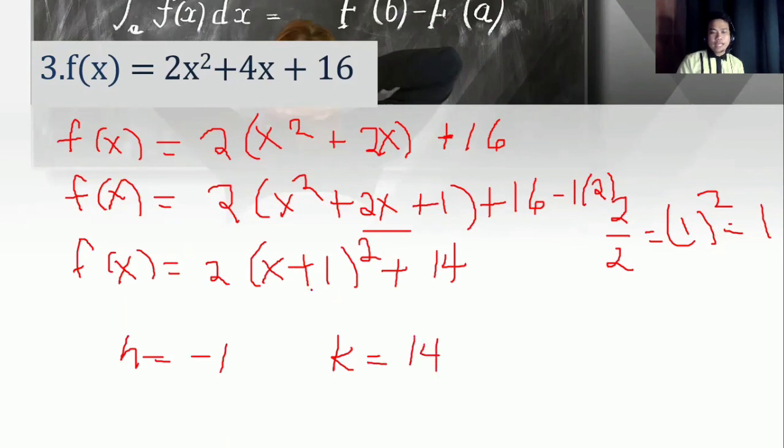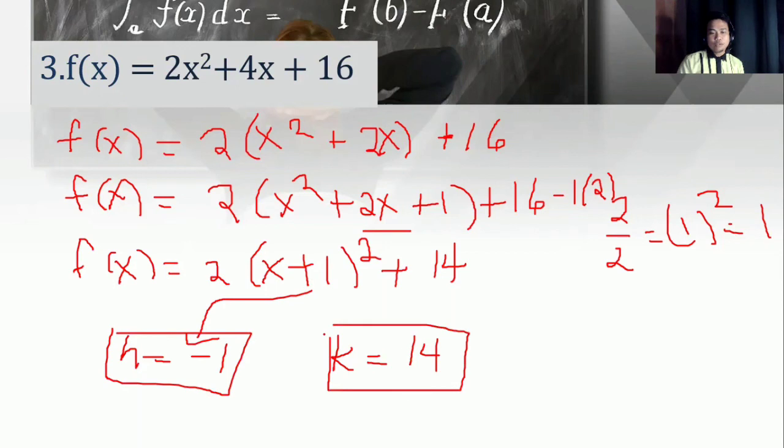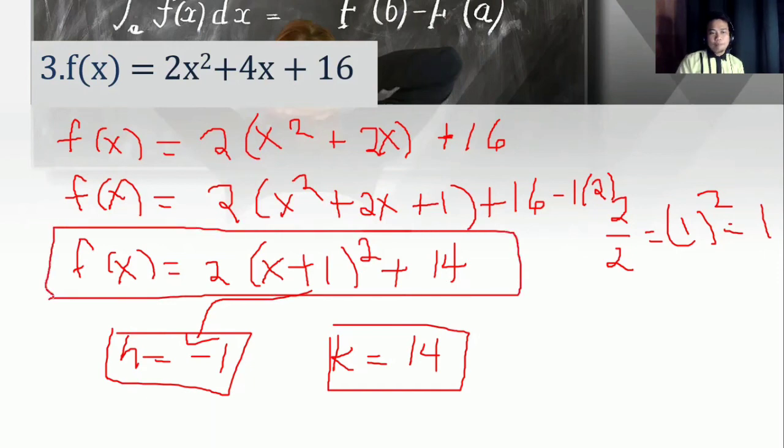Again, magbabago yung sign natin from positive to negative sa h. Sa h lamang. Then k is equal to 14. And our vertex form is f of x equals 2 times x plus 1 squared plus 14.